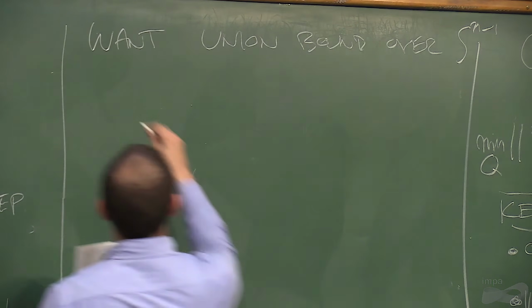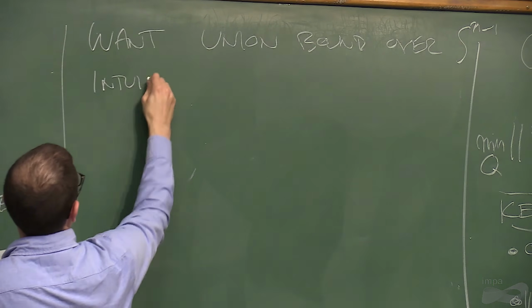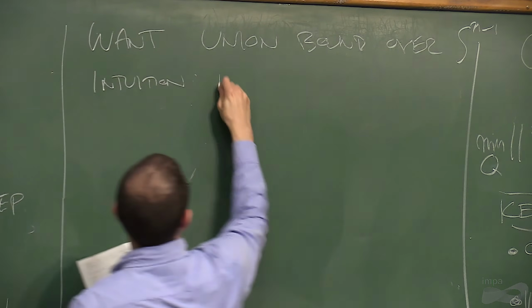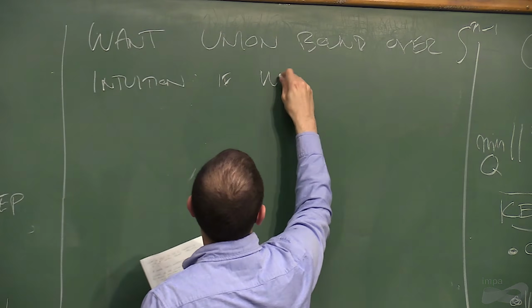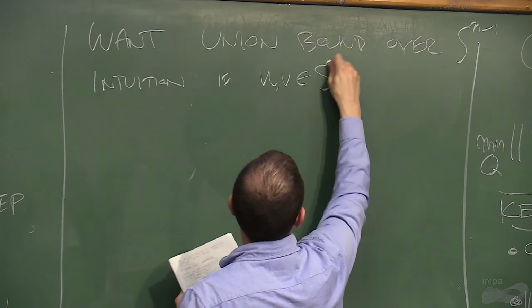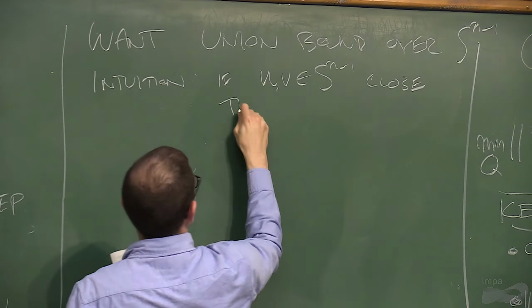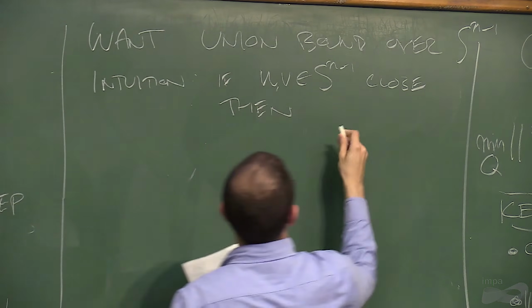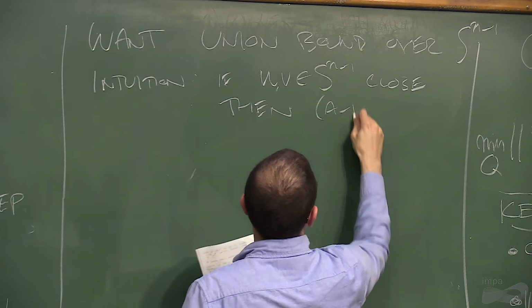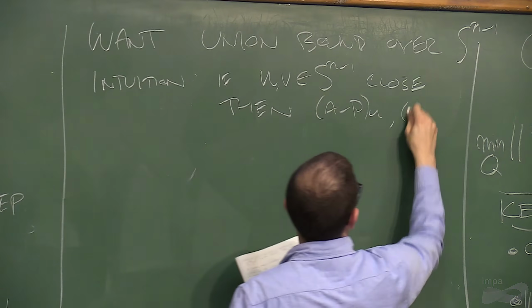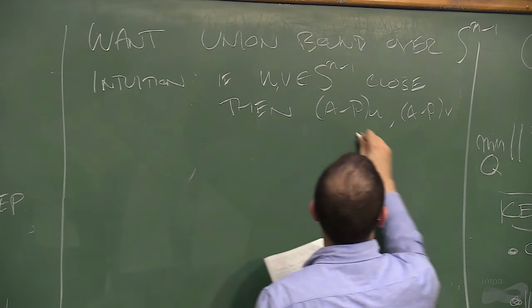And the intuition is, if u and v are close, then A minus P applied to u and A minus P applied to v are close.